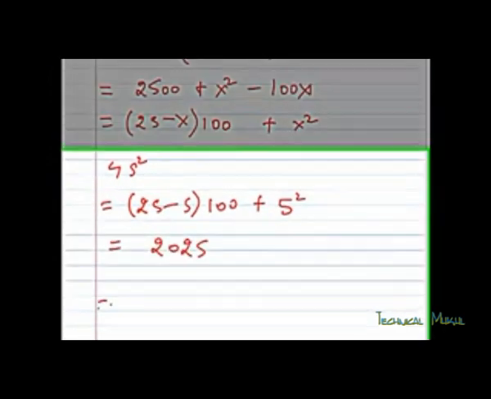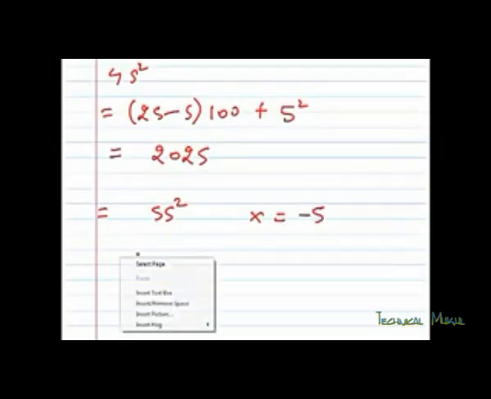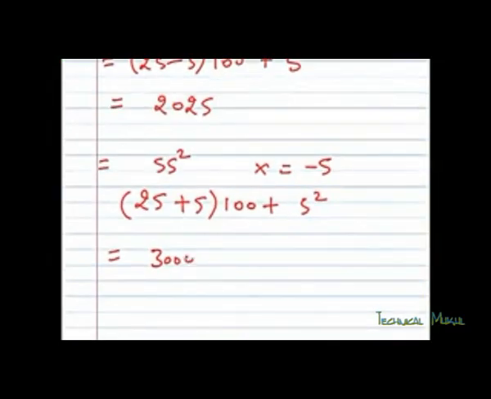If I have to do 55 square, then I just write x is equal to minus 5, and then I can do (25 plus 5) into (100 plus 5) square. That will be equal to 3000 plus 5 square, which is equal to 25.